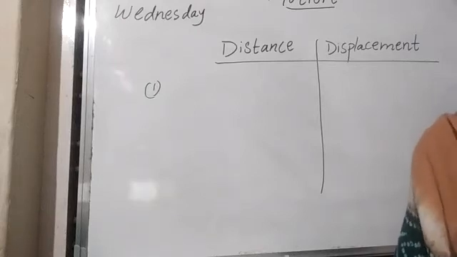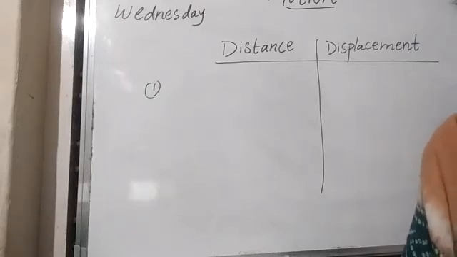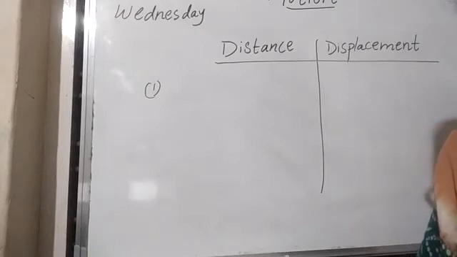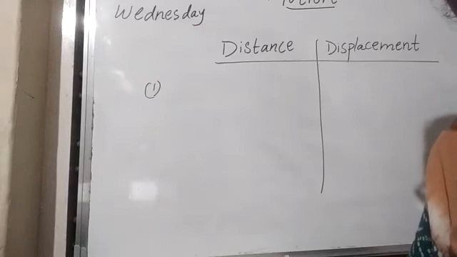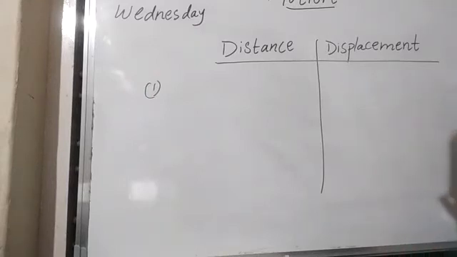So it can never be 0. But displacement can be 0. When an object moves from a point and comes back to the same point, the displacement becomes 0. So distance can never be 0, but displacement can be 0.